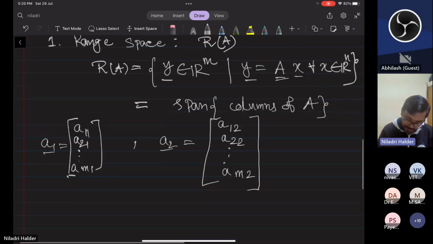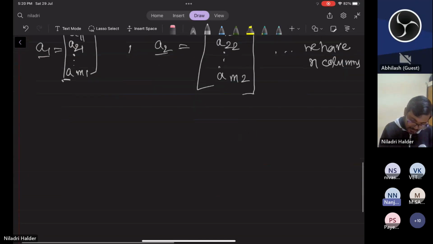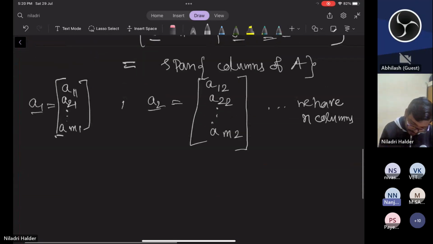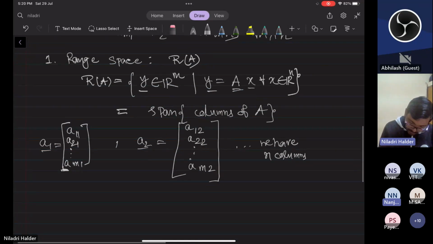So this is the second column, and like that we have n columns. Each column has length m.